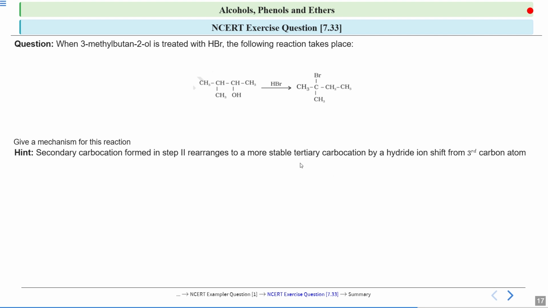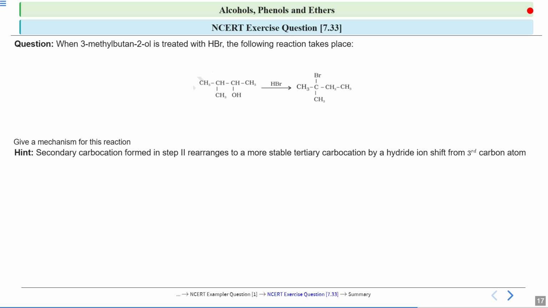So see, this is 3-methyl butane 2-ol, and when this is reacting with HBr, you can see this compound is forming. So you have to give a mechanism for this reaction. Reactant is given, product is given. So you can see in the product what is happening. This OH group is leaving and this Br gets attached to this position.